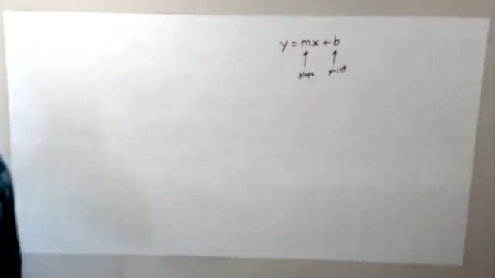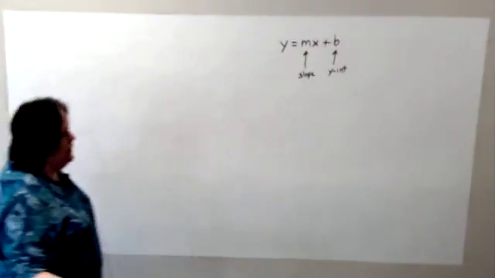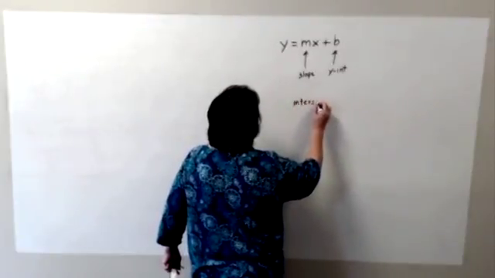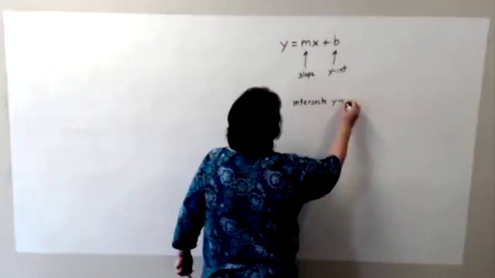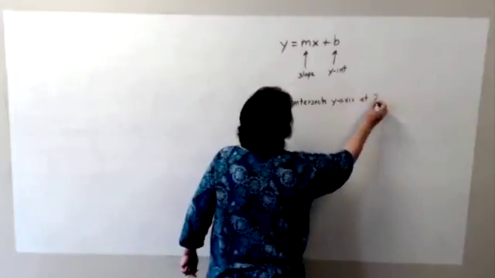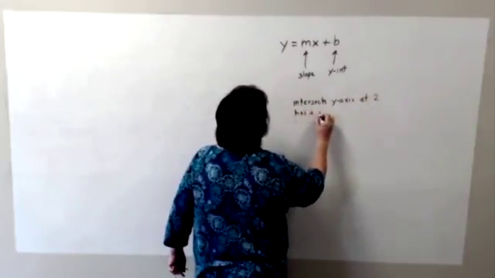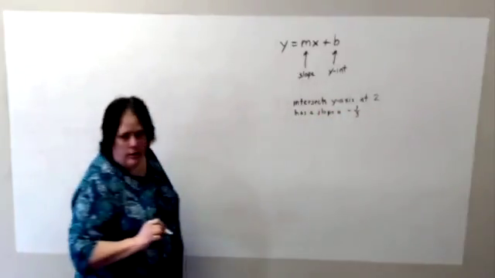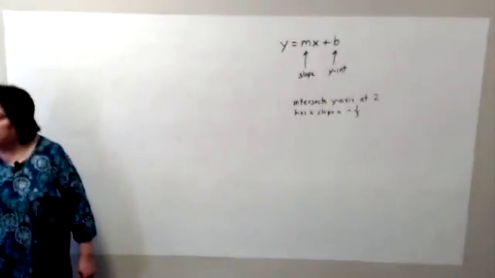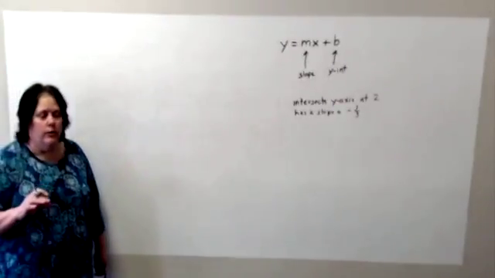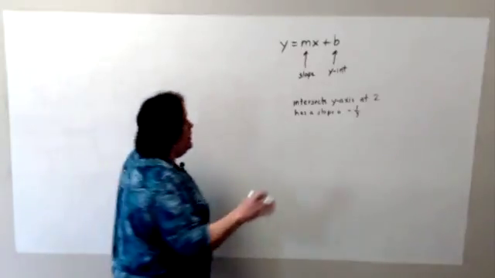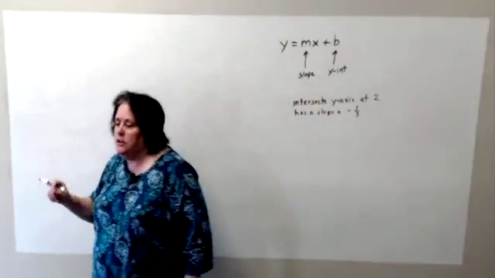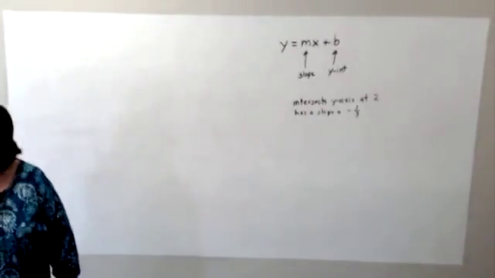So if I tell you I have a line that intersects the y-axis at 2 and has a slope of negative 1/3, you can write your equation now. You can write your equation because you know these two pieces of information. The only two pieces of information that you need to write an equation are the slope and the y-intercept.